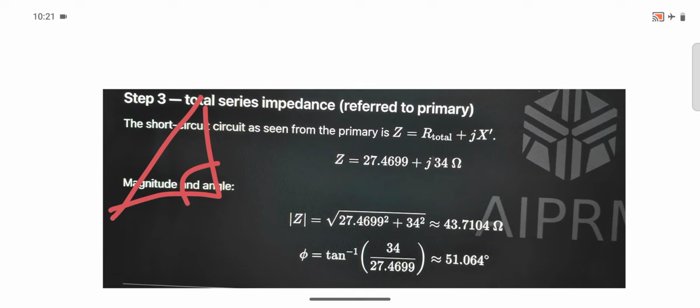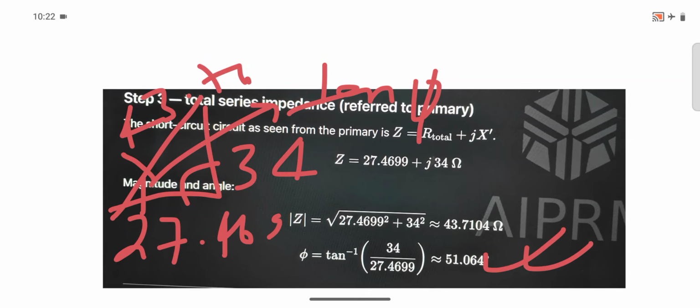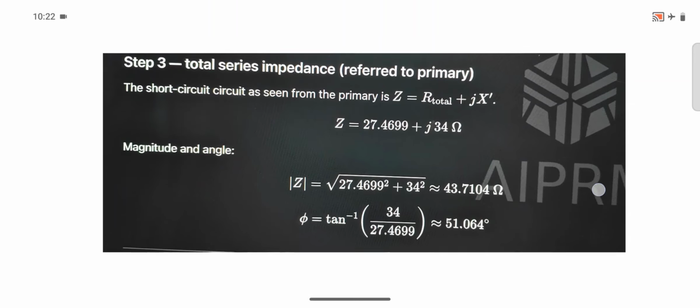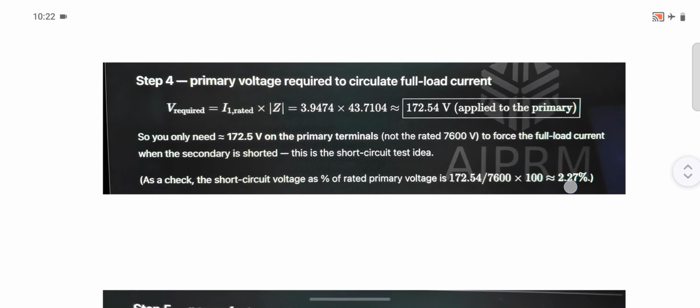Simply this is 5 and this is 34 and this is 27.4699 and this is 43.71. So simply you can apply tan and you will get this one. So this is very simple.